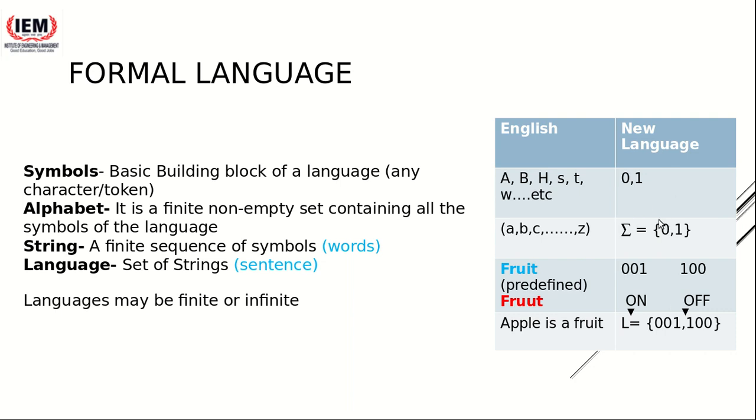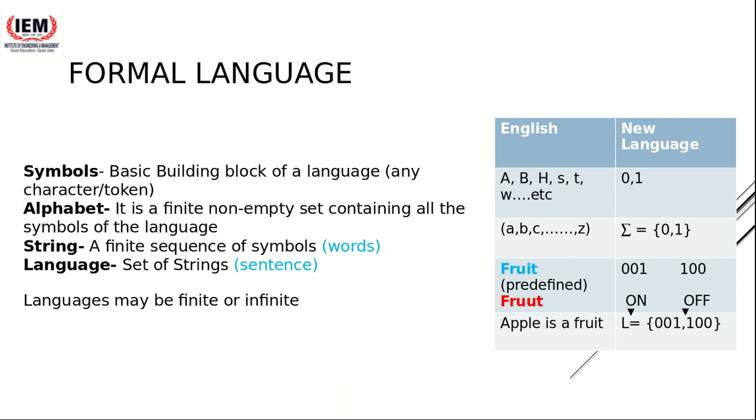For my new language, if I have only 2 symbols, 0 and 1, then my alphabet set will contain 0, 1, and this is the sigma symbol which we will use from now onwards to represent the alphabet set. Whenever we want to define the alphabet set for our language, we will use the sigma symbol and write whatever is present inside our alphabet set. Over here 0 and 1 are there, so I have written sigma is equal to {0, 1}.